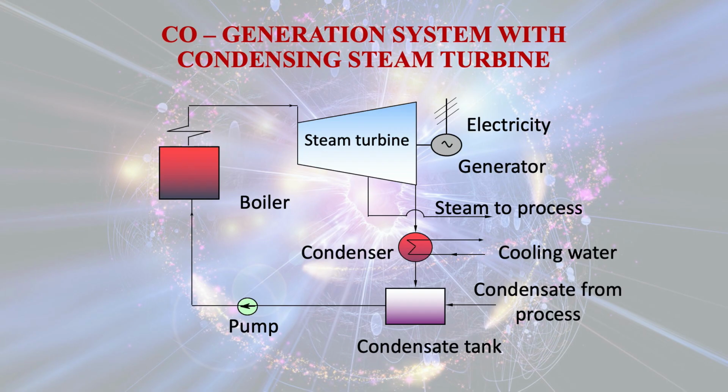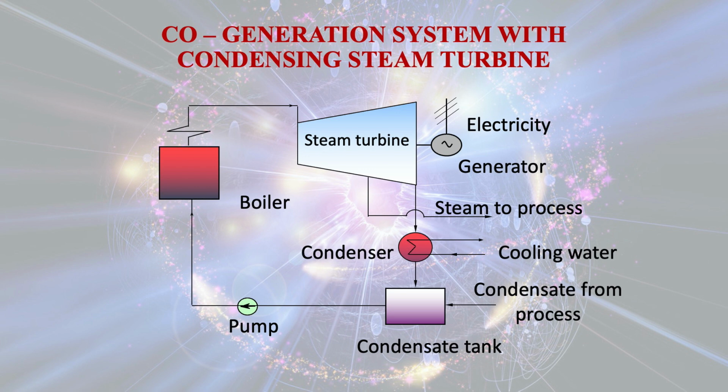After that, the low pressure and low temperature steam, after expansion in the turbine, enters into the condenser, thereby in the condenser it is condensed into liquid water.